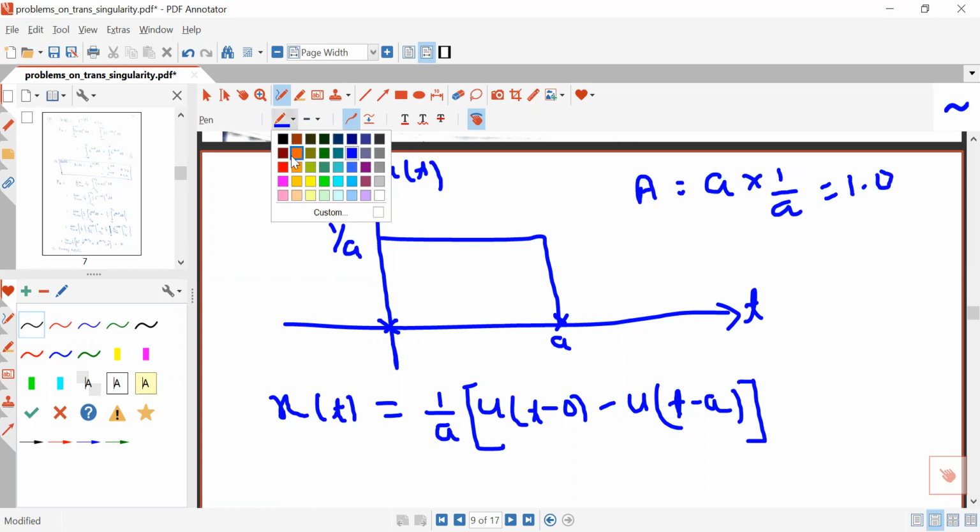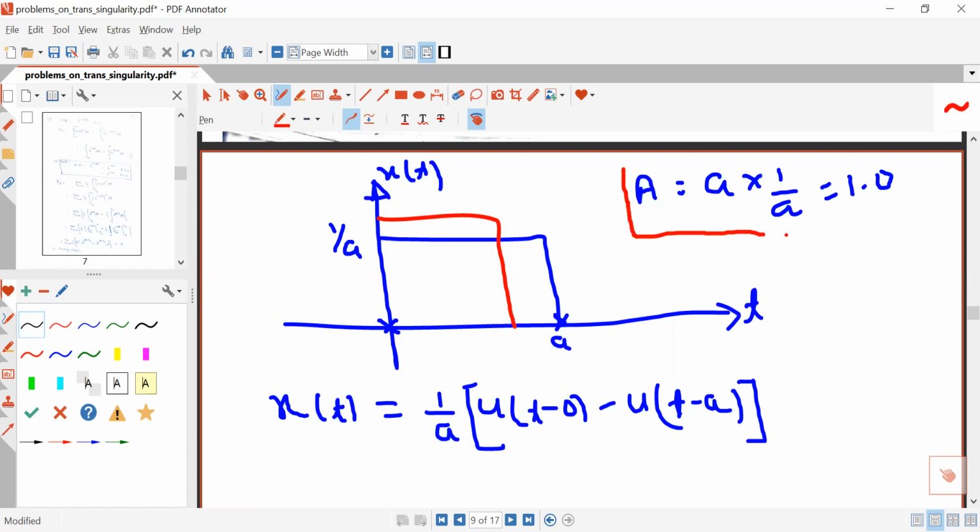Now, what will happen when you reduce the width of this rectangular pulse in such a way that its area remains constant, or in such a way that its area does not change? By keeping the area constant, when you reduce its width, obviously the height of the pulse will increase to keep the area constant.